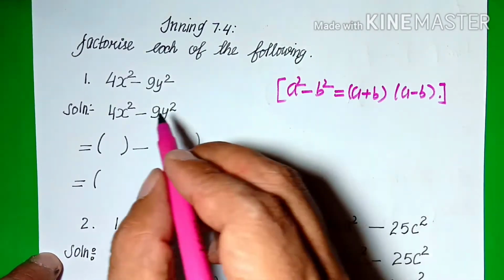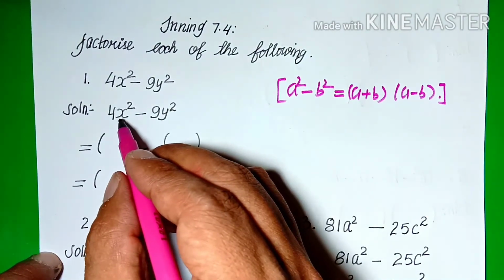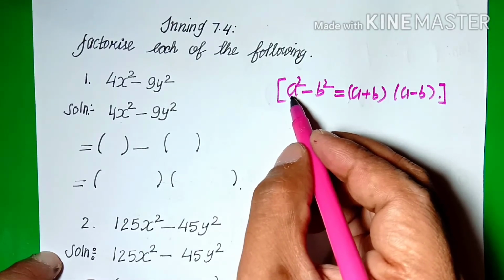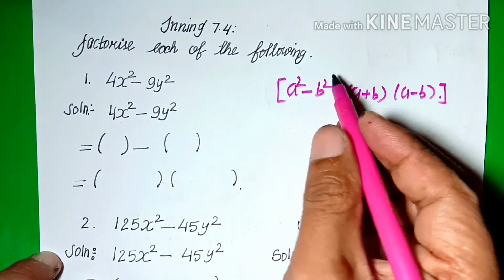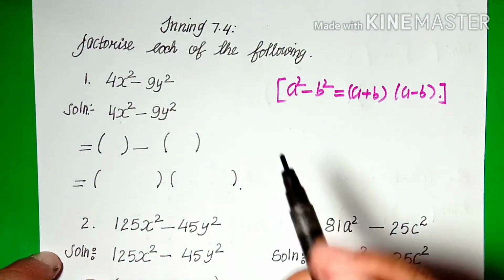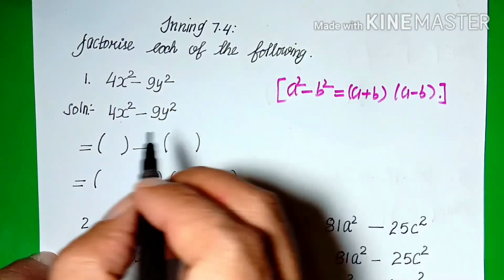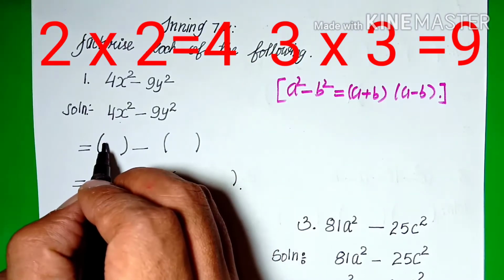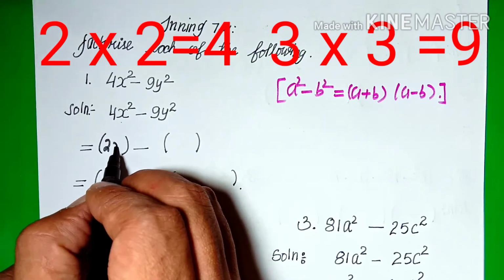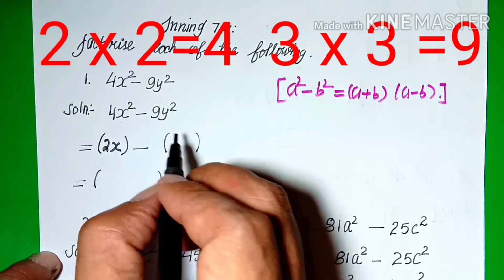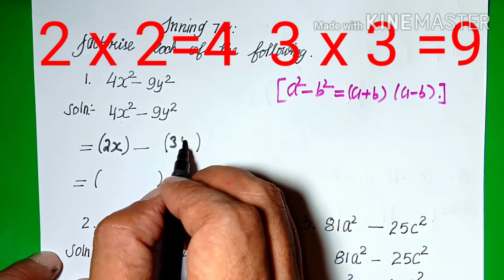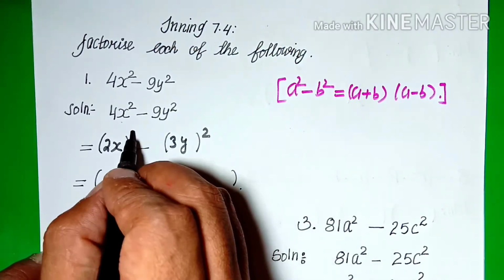So first you'll have to convert the given terms into a difference of two squares, that means a² and b². Taking the formula, 4 is a perfect square of 2, with variable x, so 2x. Again 9 is a perfect square of 3, with variable y, so 3y.